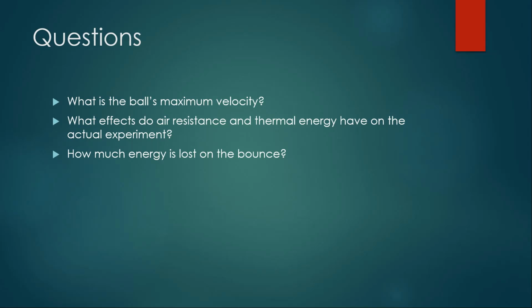I found that thermal energy was the largest contributor to how much energy was lost on the bounce. As you can tell, the 0.0019 joules lost to air resistance is very small, and these losses of energy are what cause the ball not to rebound as high as the initial drop.